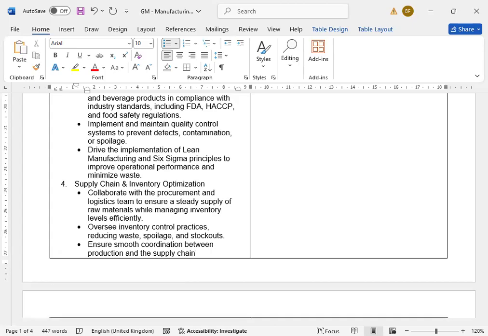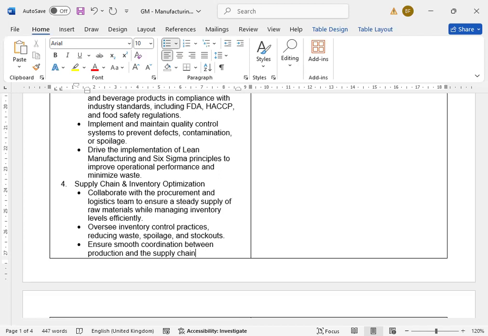Especially if you are producing, let's say, 2 million liters a day of raw milk, and produce it into fresh milk or long life milk, then the management of the GM has to make sure that there will be no stockouts, even for one day.